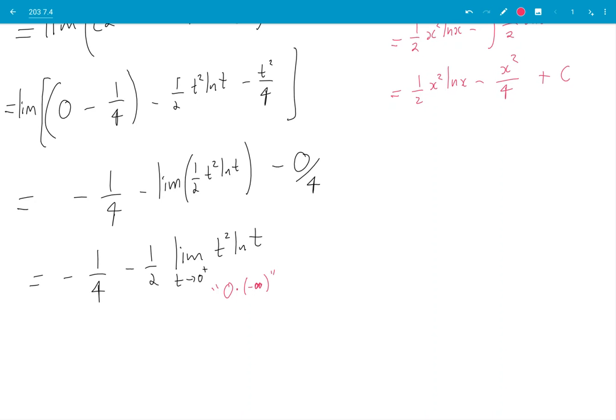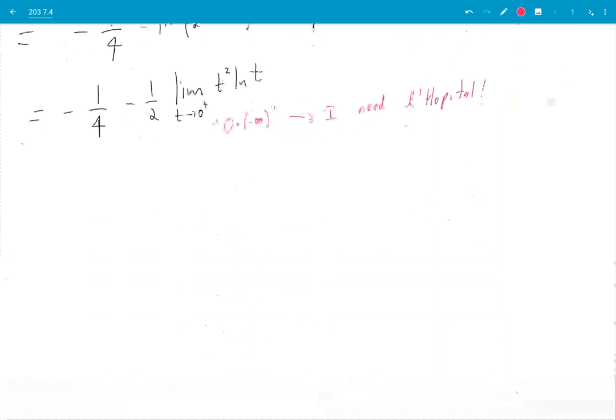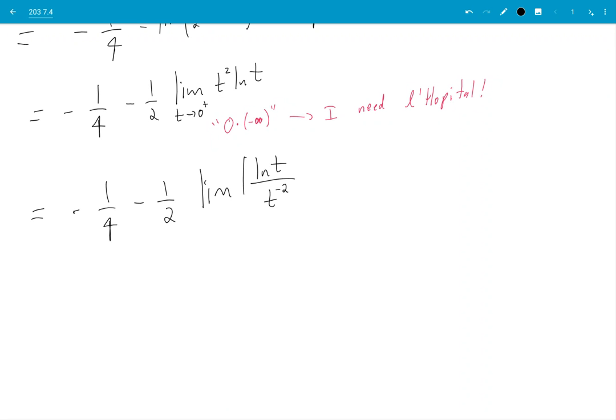So as we talked about in Appendix B2, we need our friend L'Hôpital. So how do I do that? Well, remember, you want to force this into a fraction. So you pull that t squared down to make it t to the minus 2.